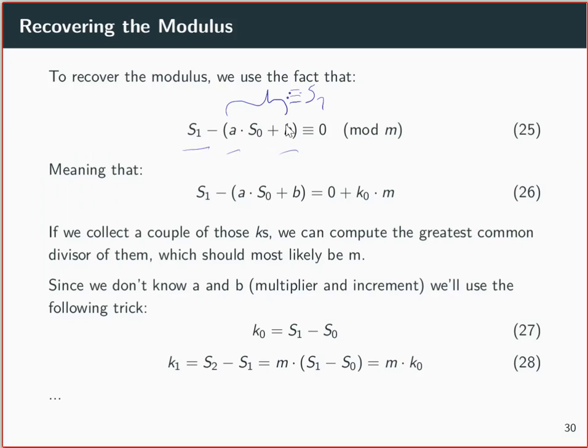Because if we calculate that mod M, we get S1. So if you subtract them from each other, it's actually congruent to 0.